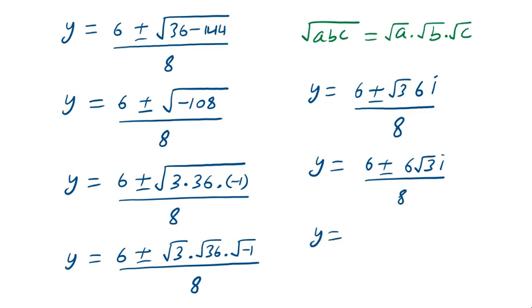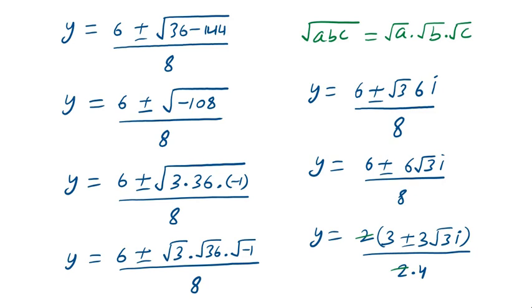Then y is equal to, in the numerator, if we take common 2, then 6 divided by 2 gives 3, plus minus 6 times square root of 3 times iota divided by 2 gives 3 times square root of 3 times iota, over, and we can write this 8 as a product of 2 times 4. Now this 2 and this 2 cancel out.